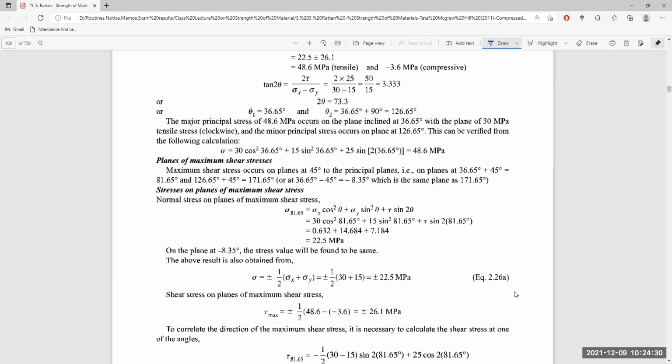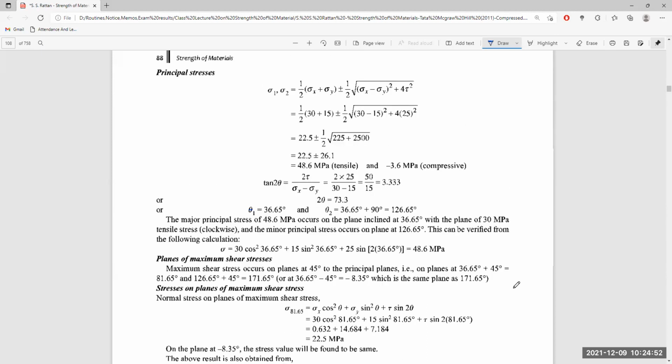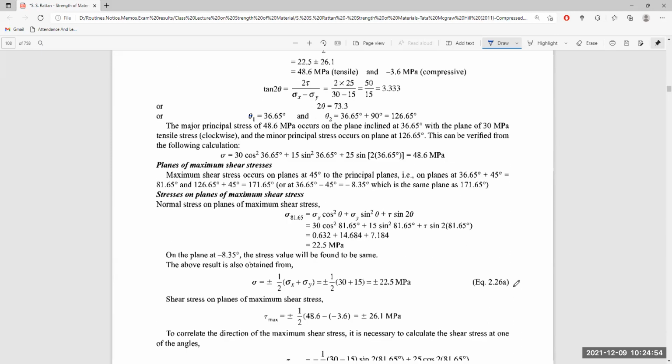For the stresses on the plane of maximum shear stress, we have to put the value of 81 here, 2 into 81 here, and sigma x 30, sigma y 15, and tau is given as 25.